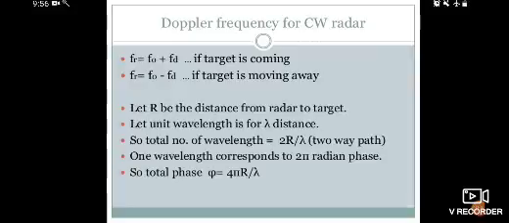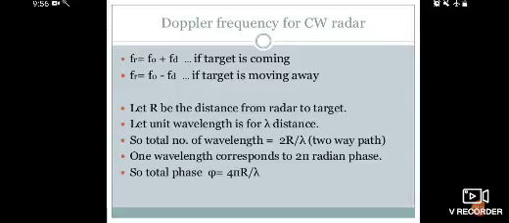The Doppler frequency for the CW radar is calculated as follows. When the target is coming towards the antenna, fr equals f0 plus fd, where f0 is the transmitted signal and fd is the difference signal.